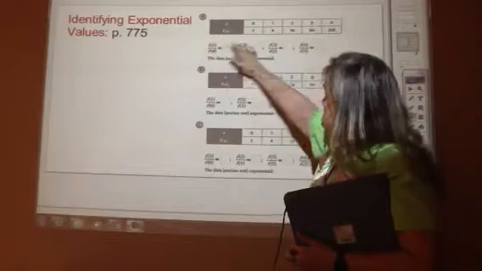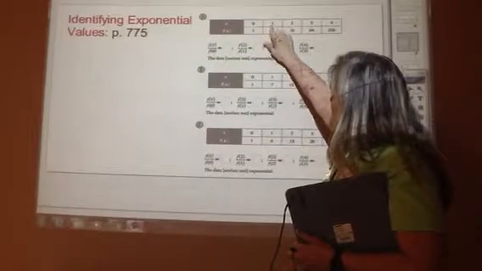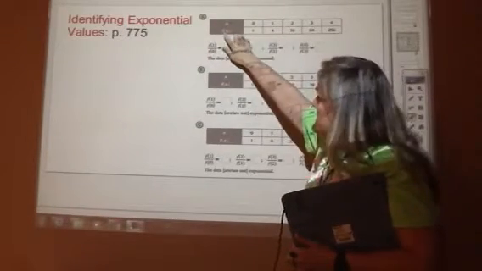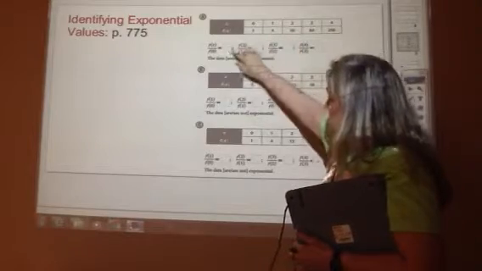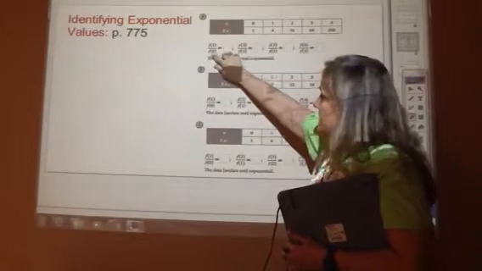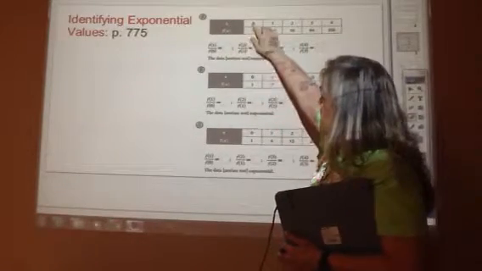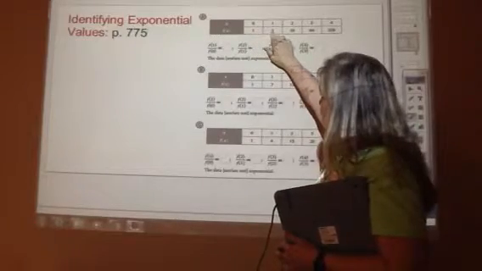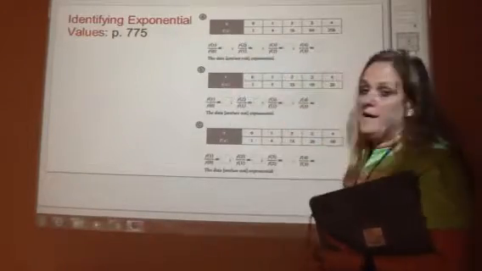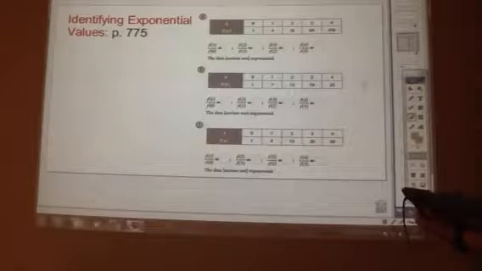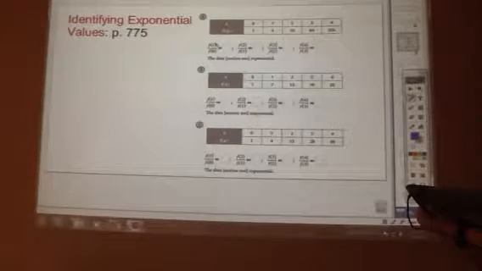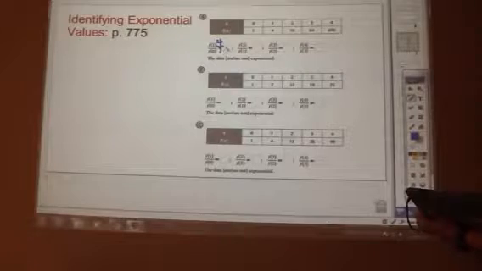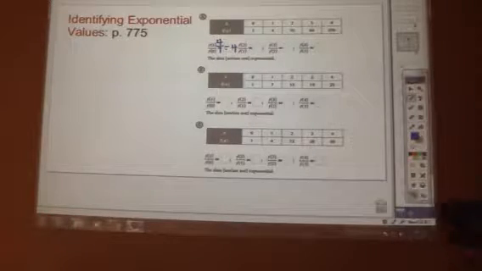We're going to take f of 1, which is 4, and divide by f of 0, which is 1. So I would take 4 divided by 1 and put it in that box. 4 divided by 1 is 4.